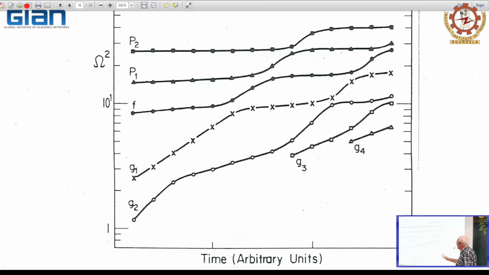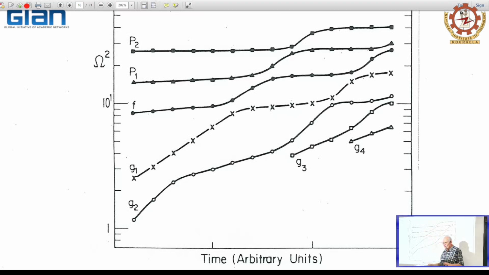This means that the G modes increase in frequency, whereas the P modes almost stay at a constant frequency. And then these strange modal diagrams are found where the G mode, once it meets the so-called F mode, seems to avoid this crossing. Here it seems to avoid the crossing with the P mode and so on.